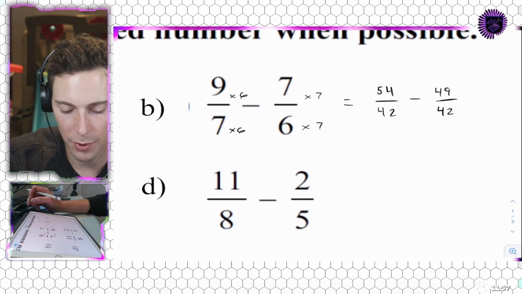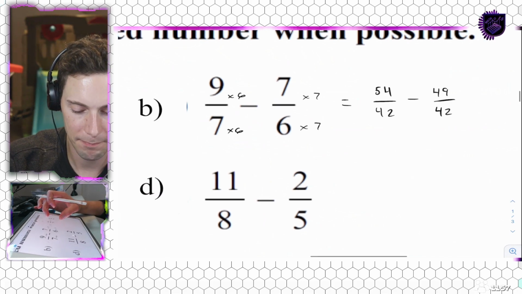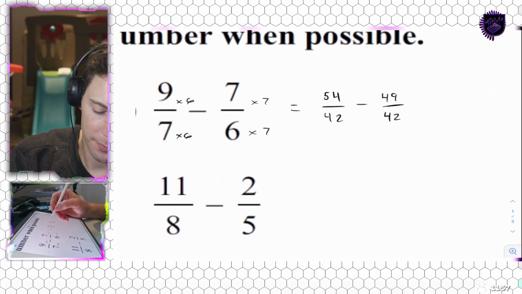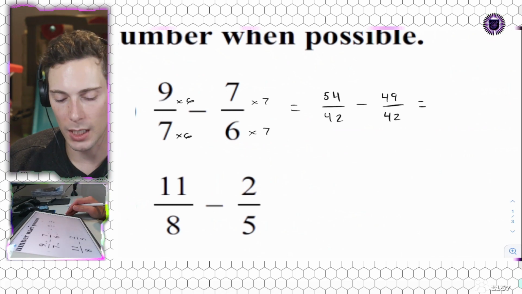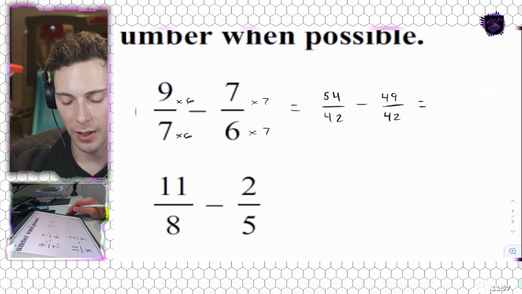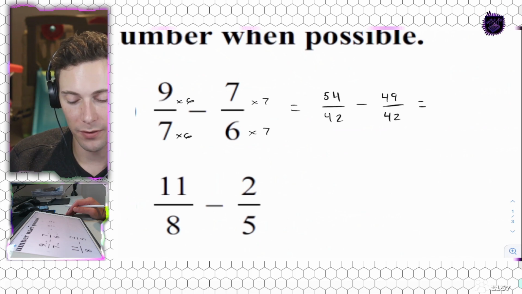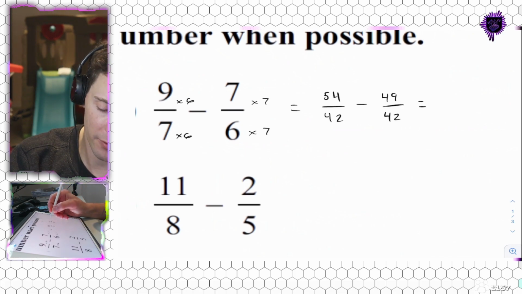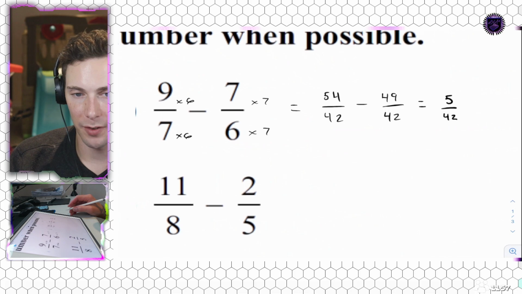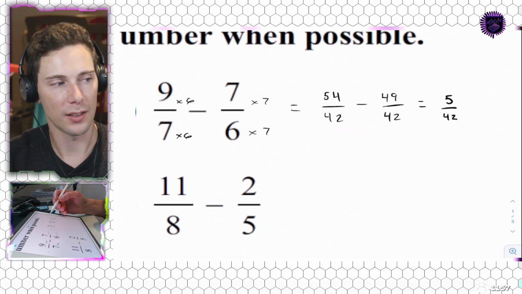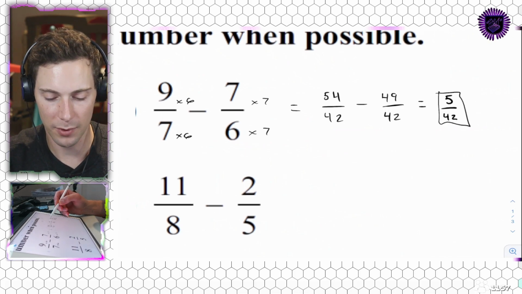Oh, they're both improper fractions. All right, so let's do the math there. 54 minus 49. So 54 minus 40 is going to be 14, and 9 minus 14 will be 5. 5 over 42. Can you simplify that? You cannot simplify that. No, that is as simple as it goes.